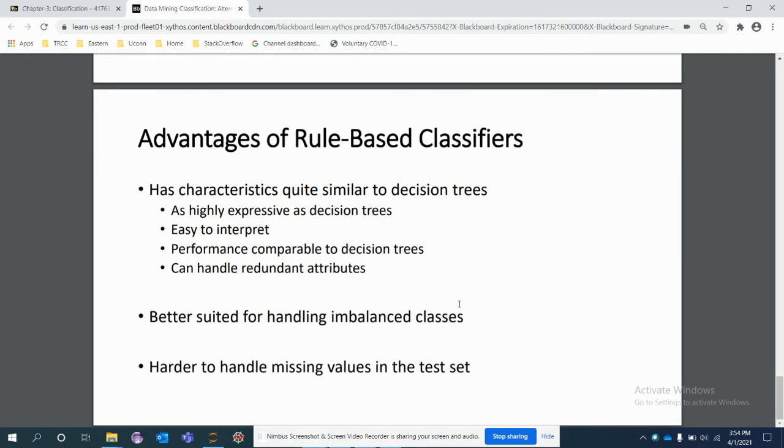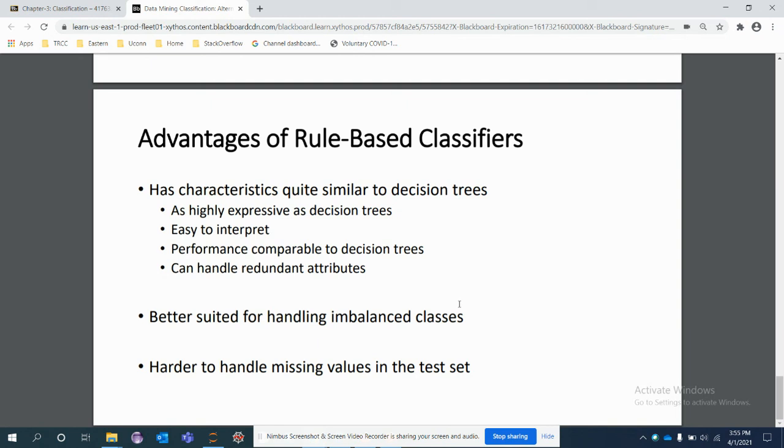There are various advantages that the rule-based classifier has. Its characteristics are quite similar to the decision tree, because in the decision tree, you move from the root node to the leaf node for making a decision. In the same way, you go through the antecedent and then perform the classification to get the predicted class level.